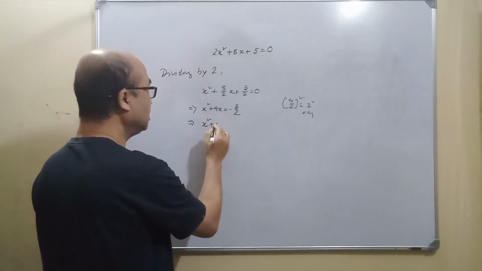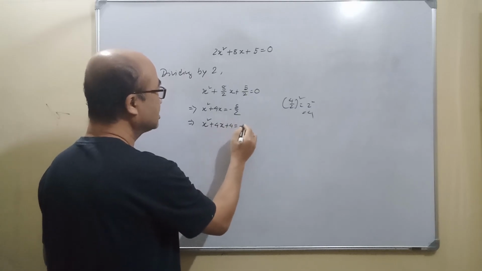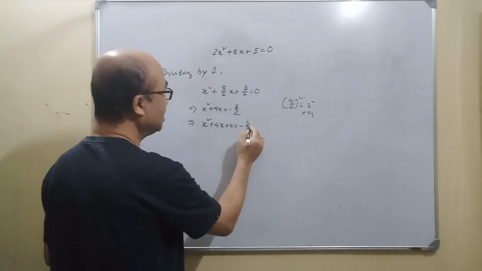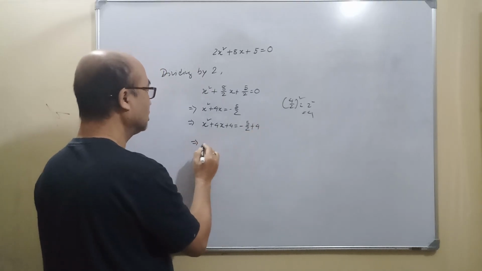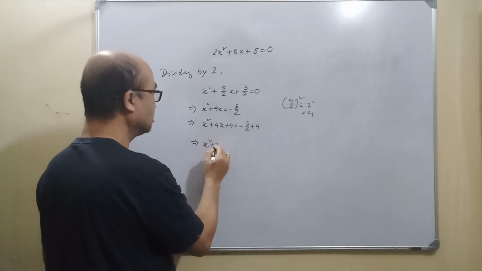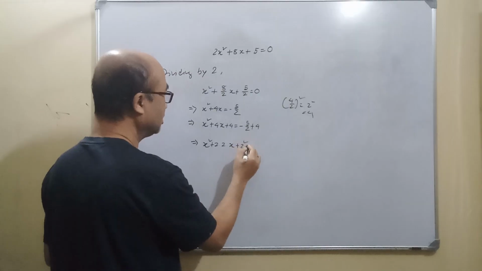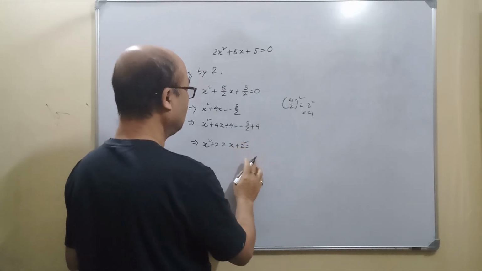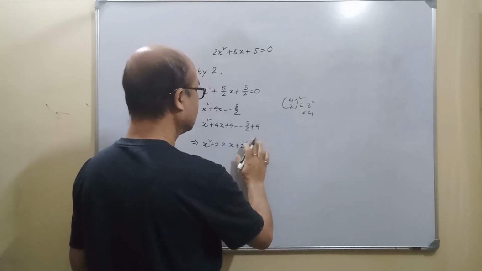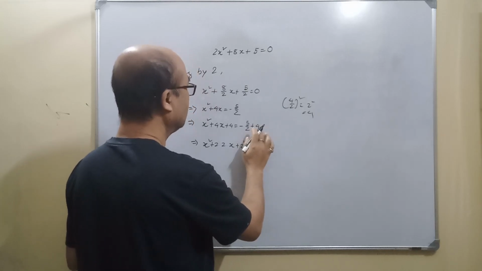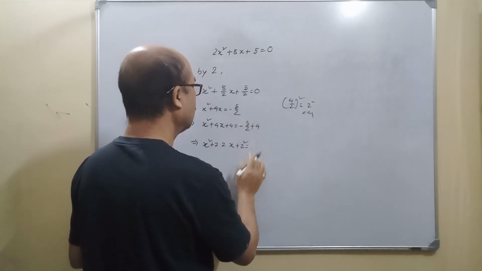So adding 4 to the left hand side, and since I have added 4 to the left hand side, I have to add 4 to the right hand side also. So that becomes (x plus 2) square. And the right side is how much? Minus 5 by 2 plus 4: minus 5 plus 8, that is 3.